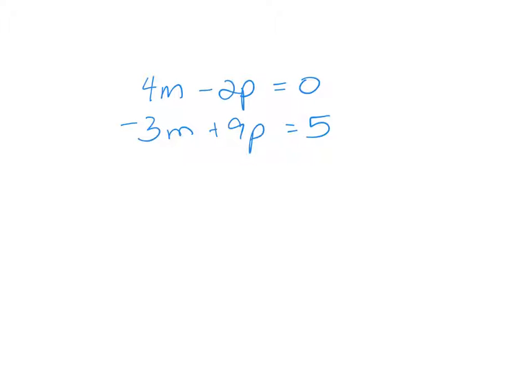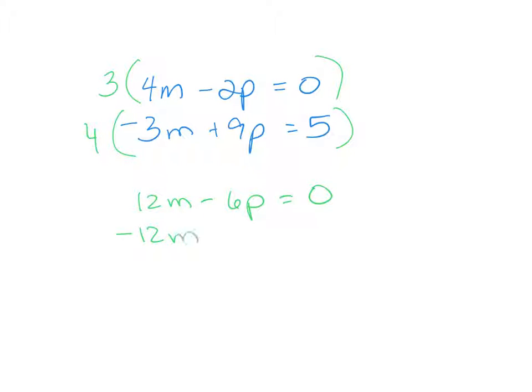What we're going to do is multiply this guy up here. If I'm eliminating the m's, you can eliminate the p's also, but I'm eliminating the m. I'm going to multiply this guy by 3 and this guy by 4. And look what happens. This is 12m - 6p = 0. And this is -12m + 36p = 20.